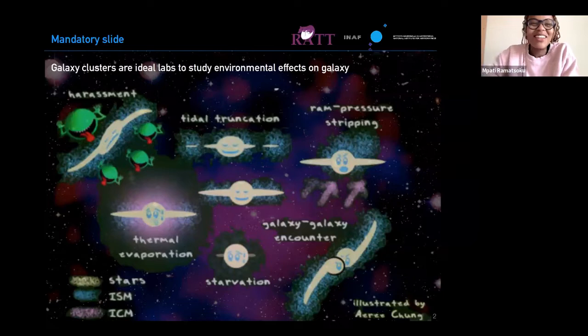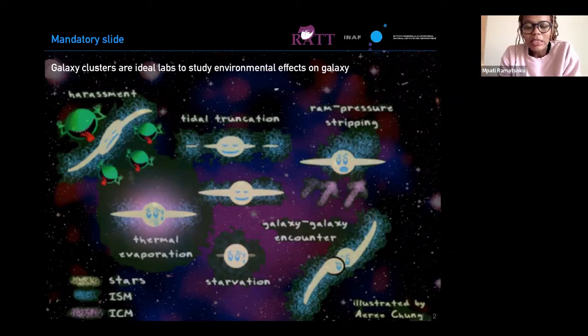So I'll start with the kind of mandatory slide when you're talking about galaxy clusters, especially if you are talking to people who don't work with galaxy clusters a lot. The most famous line that we use at every conference and every talk is that galaxy clusters are ideal laboratories to study environmental effects on galaxies.